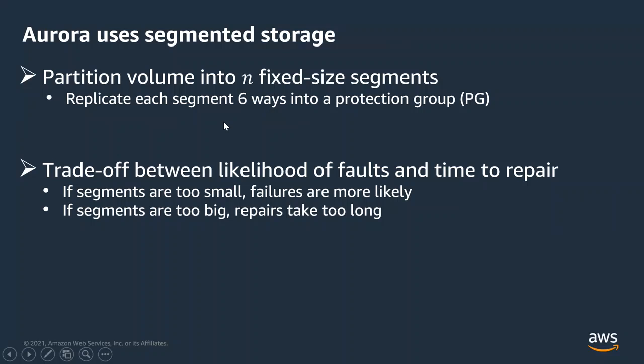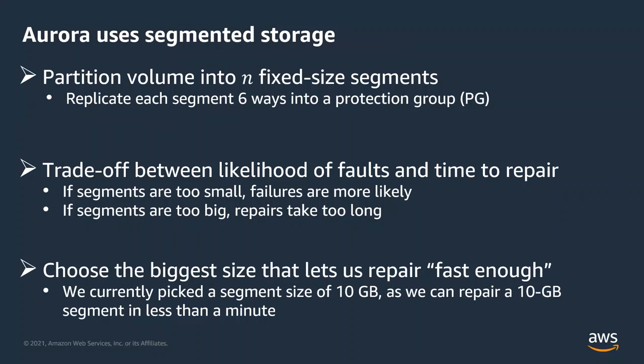The design criterion is how quickly we can identify issues and repair. We cannot control when failures happen, but we can control how fast we repair. We experimented a lot and found that if we make the size of the data 10 GB, we can repair it within a minute. That's the configuration we have gone with.